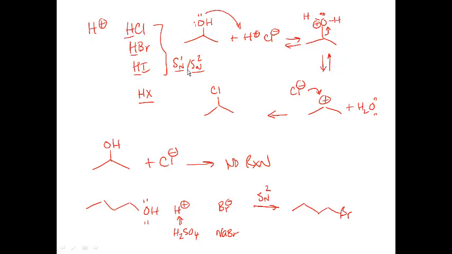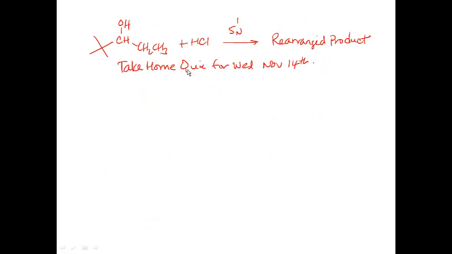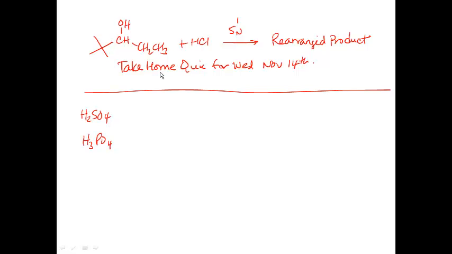So what is the H plus source to make an alkene? And it turns out that the H plus source is either going to be sulfuric or phosphoric acid. And so in this case, I'm going to react my alcohol with, let's say, H2SO4 and heat.